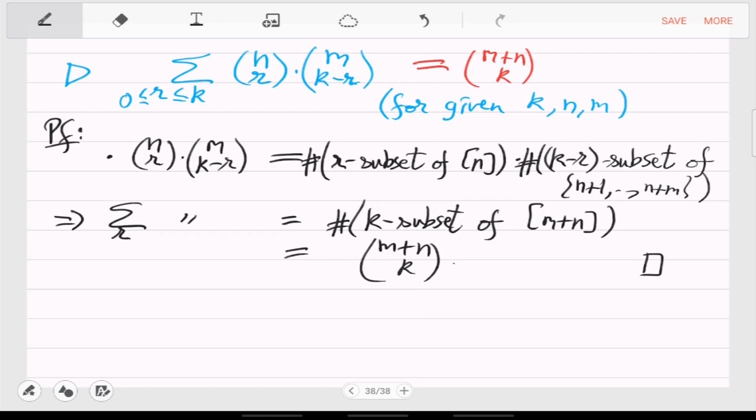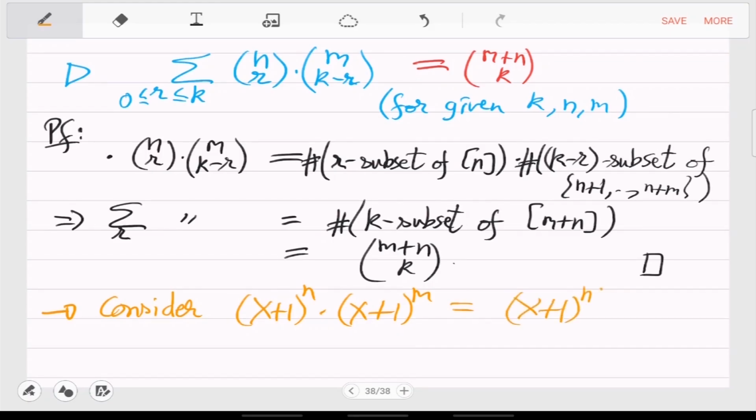There is another proof that you can give using the binomial expansion. Do you know that? Multiply what with what? (x + 1)^n with (x + 1)^m, which you know is (x + 1)^(n+m).